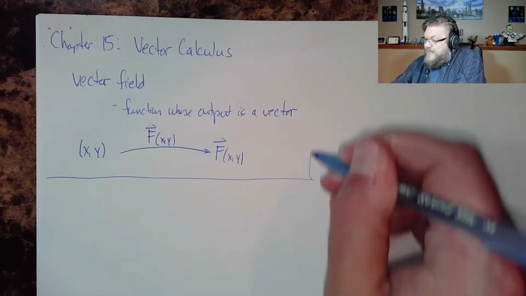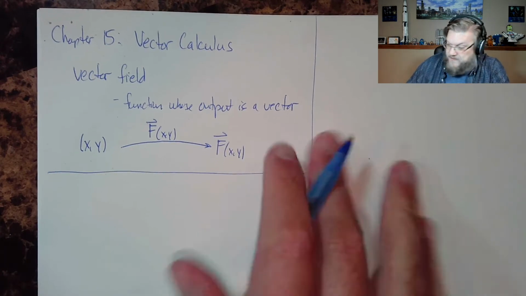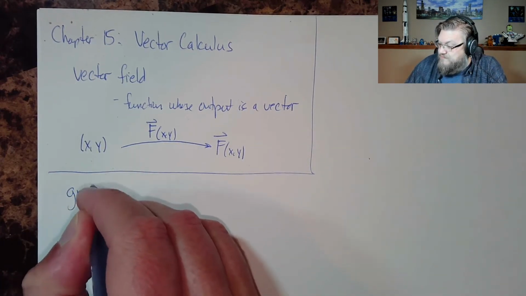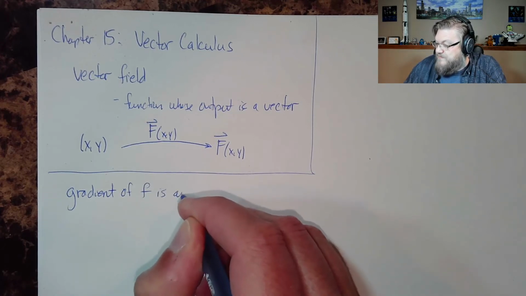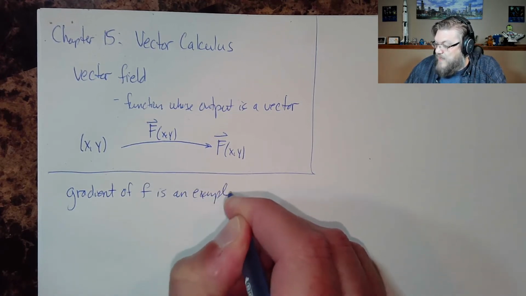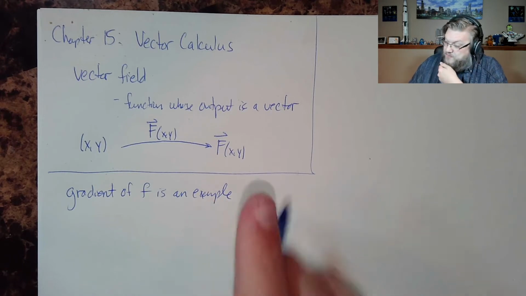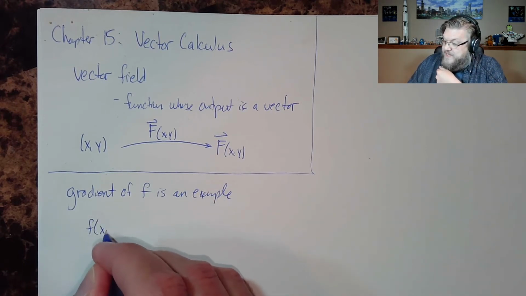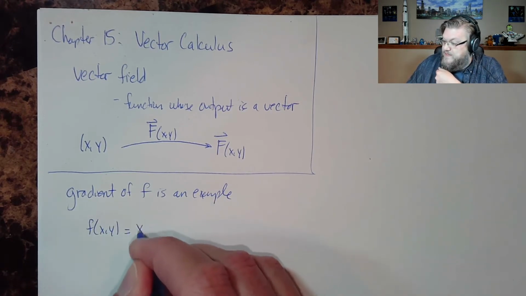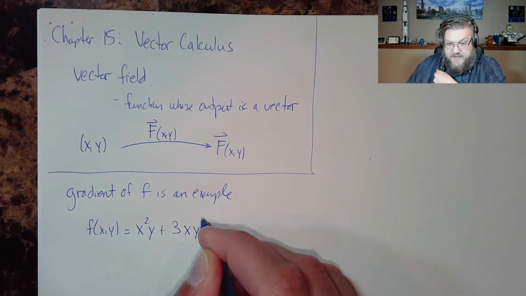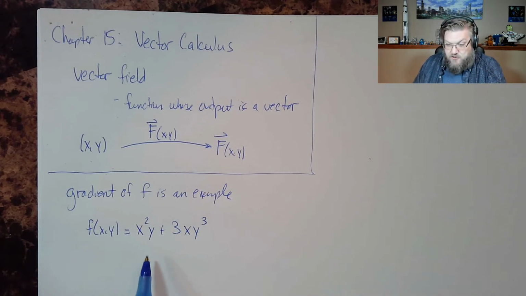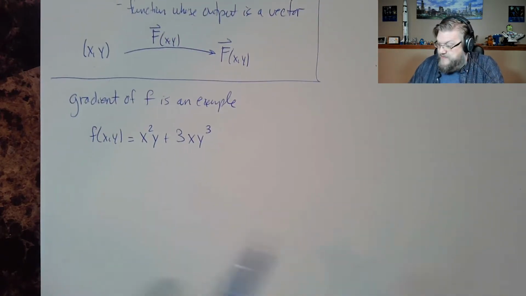Now, we have already had some examples of vector fields. The gradient is an example. Gradient of f is an example of a vector field. So for instance, little f is not a vector field, but if I was to start with this little f function like this, I can create the gradient pretty easily, right?